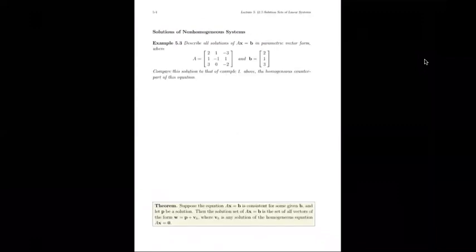So we'll end on a non-homogeneous system, and we'll be asked to describe all solutions of AX equals B using parametric vector form. Okay, so this is as straightforward as other problems. The finish to it will be the only thing that's slightly different, but it'll be very similar to the examples we just did.